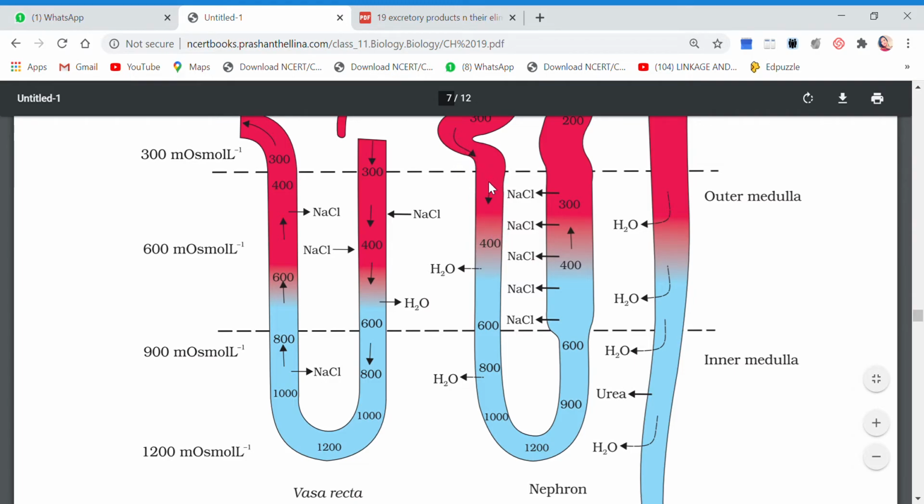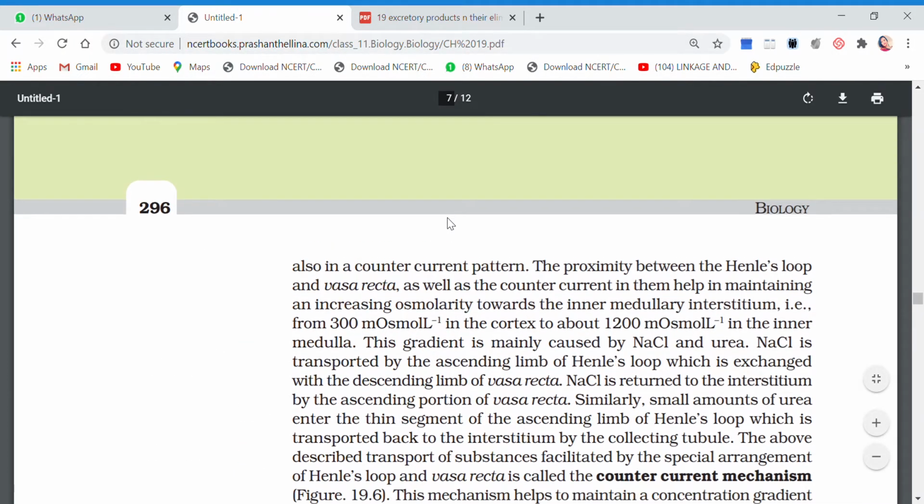Now in the descending limb, the filtrate is moving downwards, but in the ascending limb, the filtrate is moving upwards. So a counter current has been created between the two limbs. This is what is said in your book.